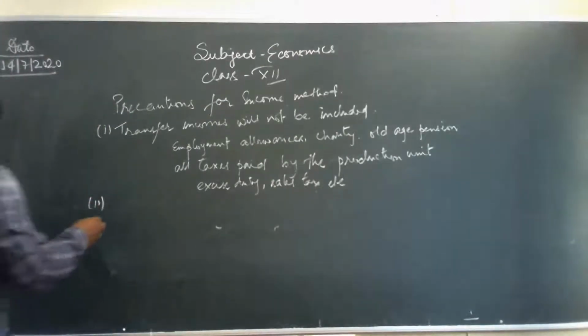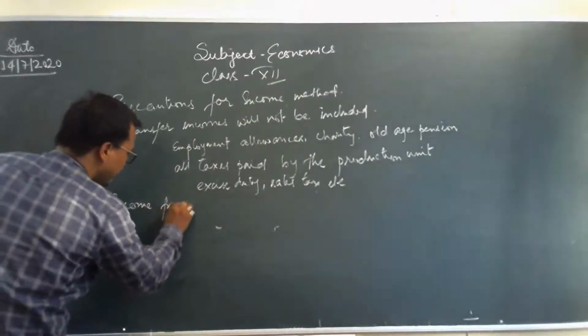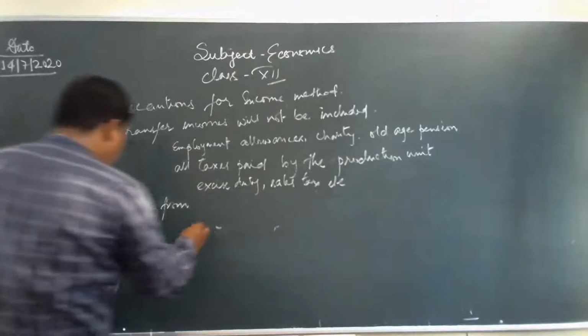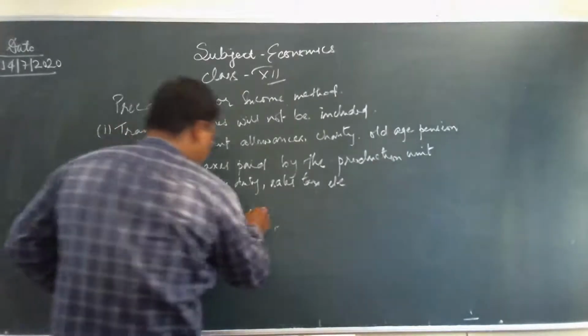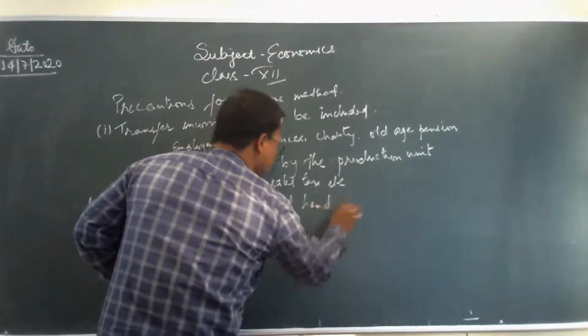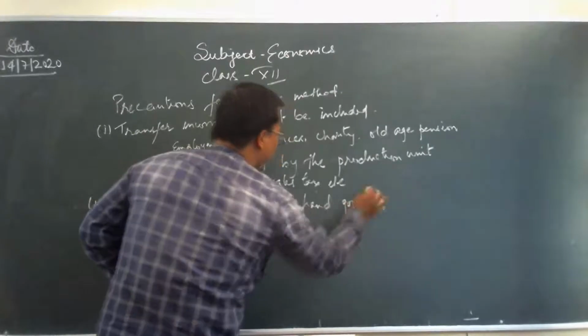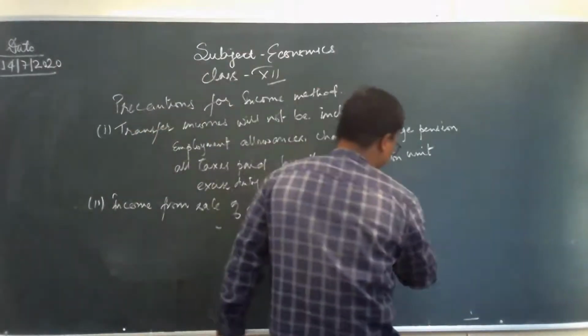Second is income from the sale of second hand goods. Second hand goods will not be included.